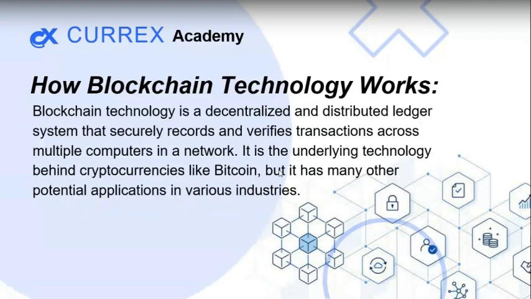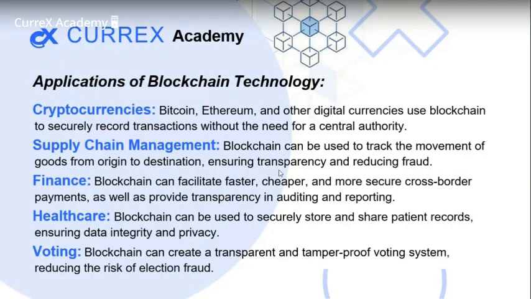So we go to the applications of blockchain technology, which number one is cryptocurrency. We can see that Bitcoin, Ethereum, and other digital currencies use blockchain to securely record transactions without the need for a central authority. You can also use blockchain technology in supply chain management.